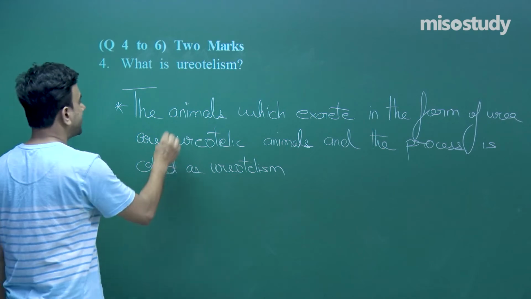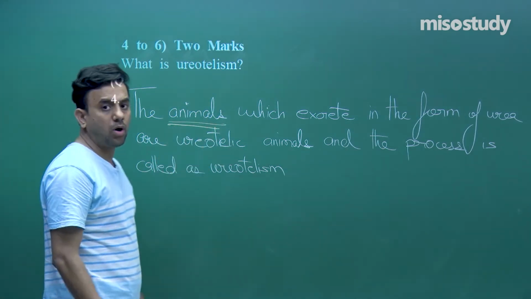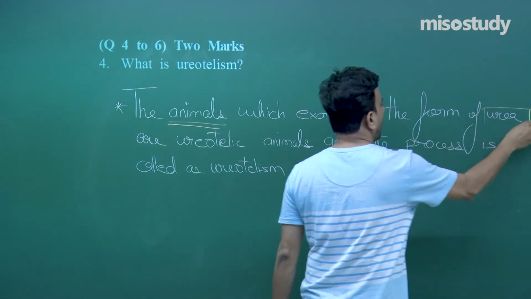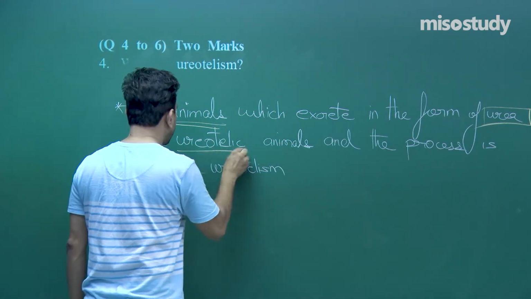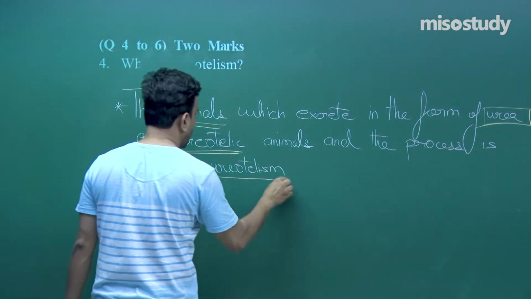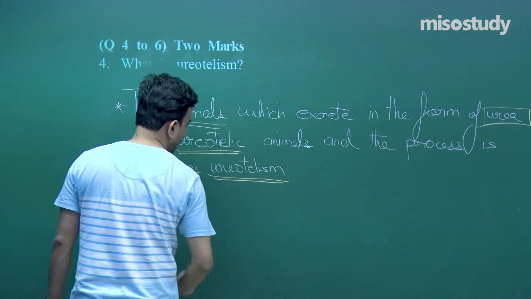The animals which excrete in the form of urea are what? These are the ureotelic animals, and the process is called ureotelism, okay.